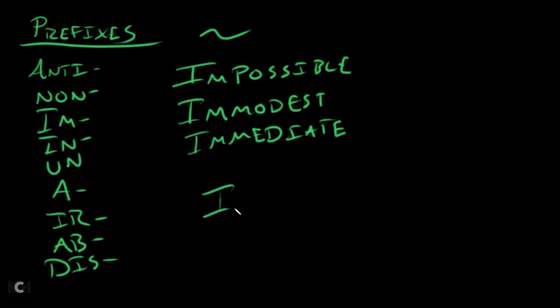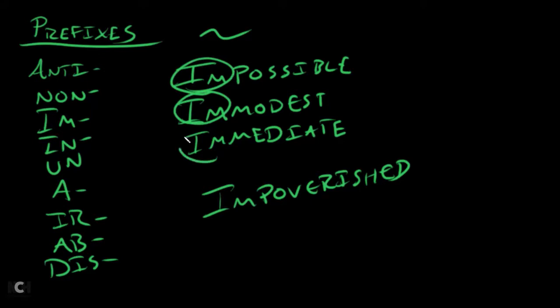But if I said that someone is impoverished, does this mean they're not in poverty? No. If someone's impoverished, it means they are in poverty. So when it comes to im, if these mean not, like these do on a quiz, they're going to be italicized. But here's an example of a word that starts with im, but it doesn't mean not here.